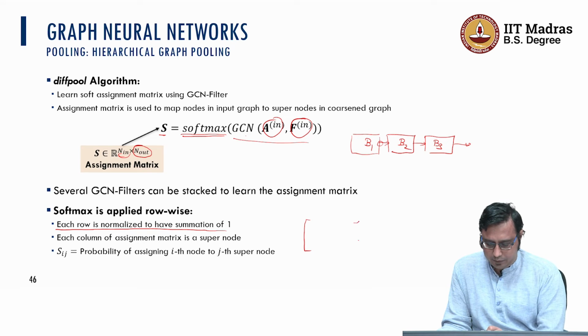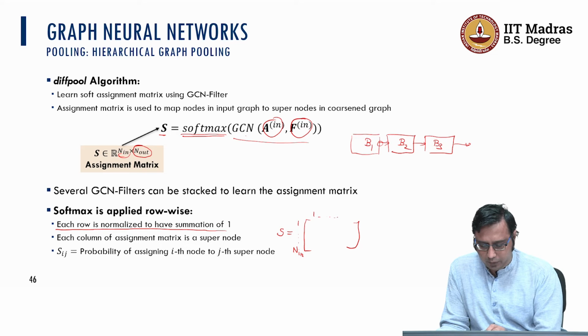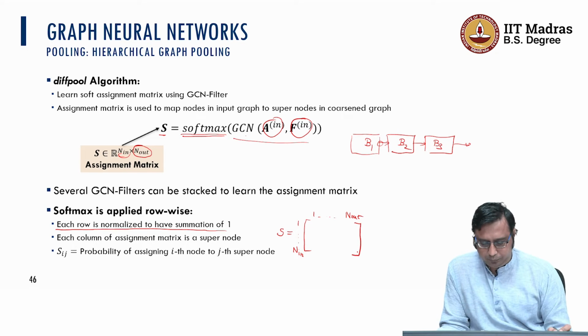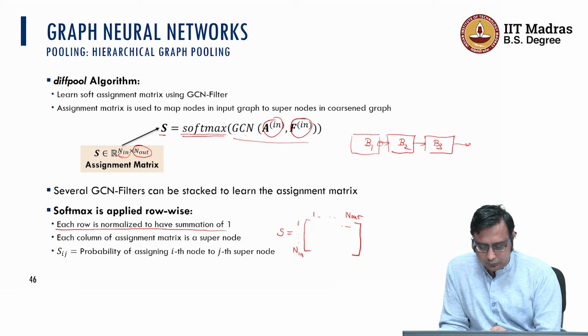If we look at the S matrix here, where we have 1 to N_in in rows and 1 to N_out in columns, then if we look at any row i, the sum over the row elements is equal to 1.